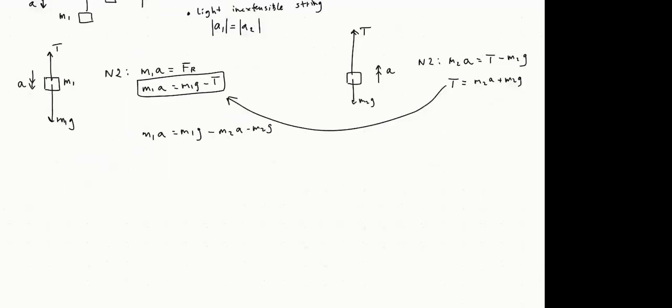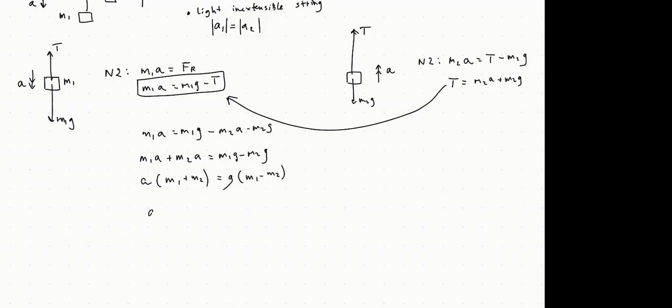Okay. A is the unknown, so we take a to the left. So m1a plus m2a equals m1g minus m2g. Then a(m1 plus m2) equals g(m1 minus m2).